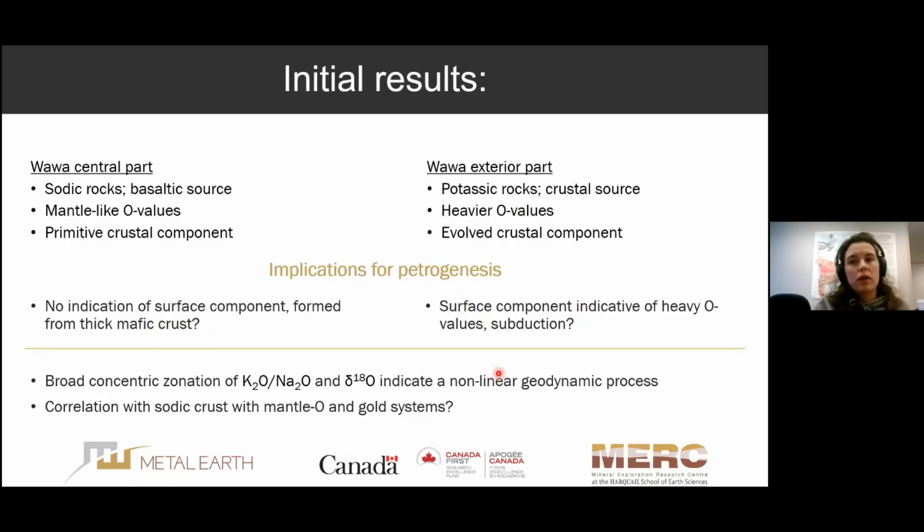Two other points that I want to add is that the broad concentric zonation that we saw from the sodium-potassium ratio and the delta 18 oxygen indicates that we have a nonlinear geodynamic process. So that's interesting. And when we looked at these maps with also the deposits, there might be a correlation with sodic crust, mantle oxygen values and gold systems.